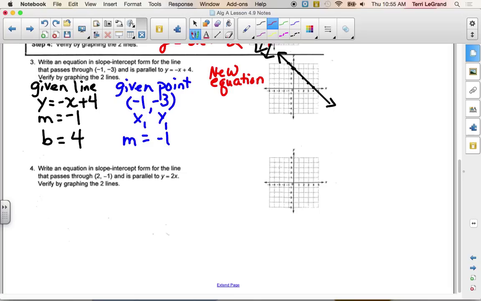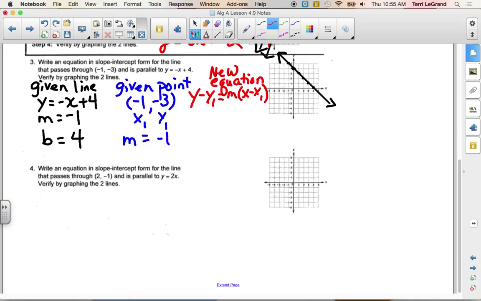We need point slope form, don't we? What's the model for point slope form? y minus y sub 1 equals m times x minus x sub 1. Okay, we're substituting into that, and we're going to get it into slope-intercept form.